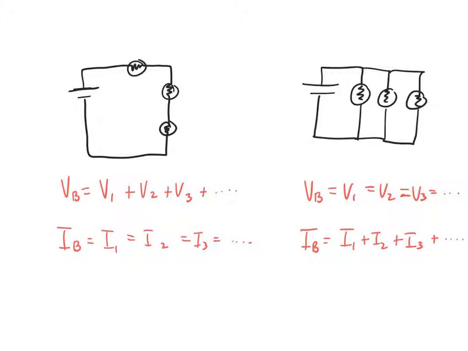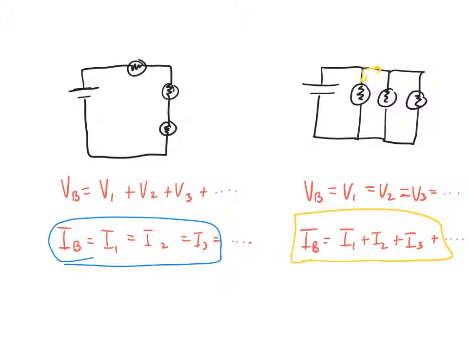So what do we know about these two rules? They're opposites. If you can't remember them, they're on your formula sheet, so you don't have to memorize them. But think about the logic behind it. Current is flow. If the flow doesn't branch off, the current doesn't branch off, which is why in the first case the current is the same for all resistors. But when the current does branch off, as we're seeing in this upper diagram, then it's the sum of all of those values.